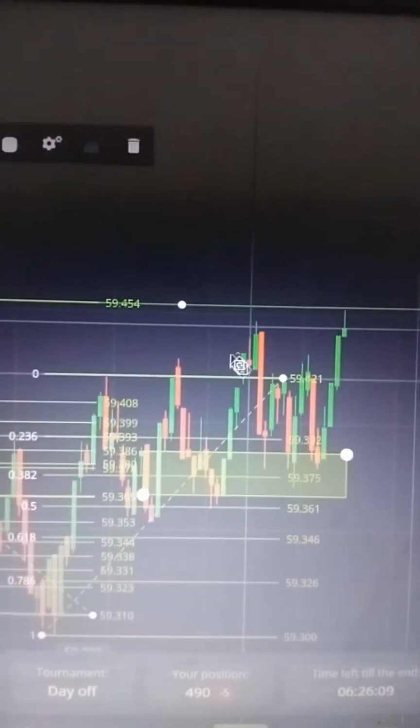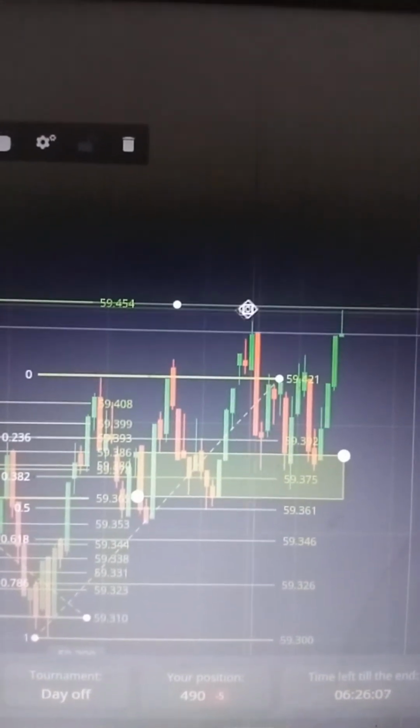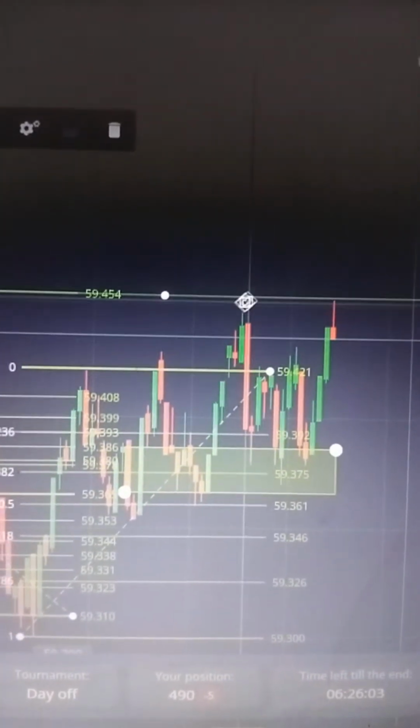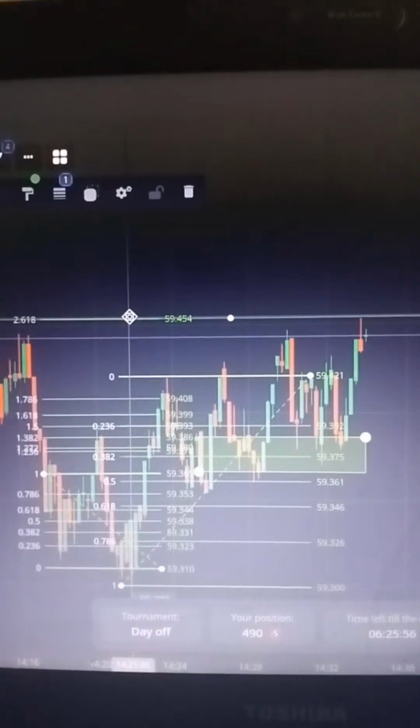Did they break the swing low? No, they didn't. Look. They are interested in the buys. In the buy side. They took one here, two here. Look.